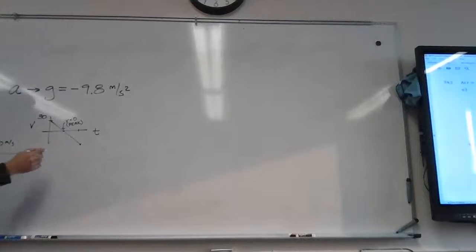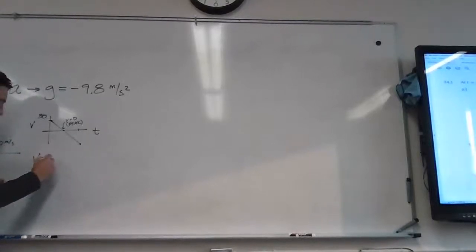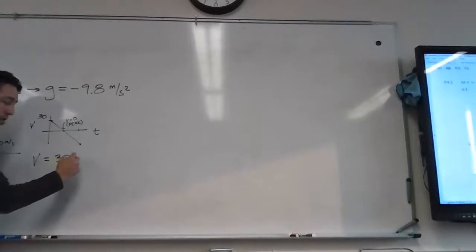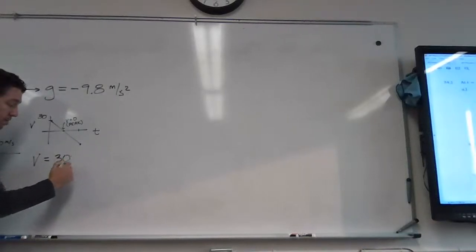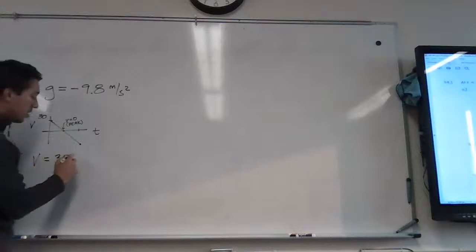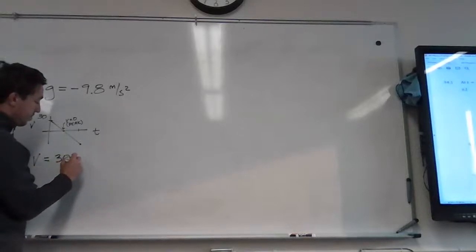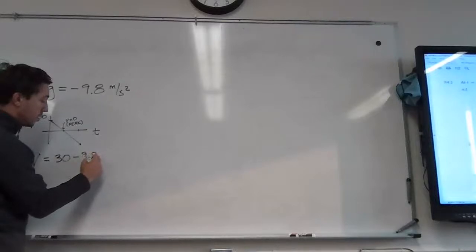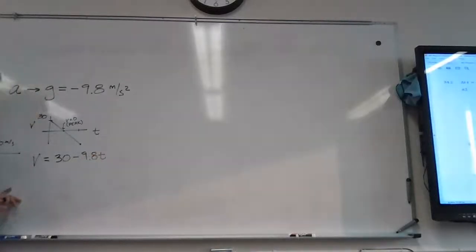Let's write the function. His velocity is his starting velocity. What am I going to put right here? Minus 9.8, right?